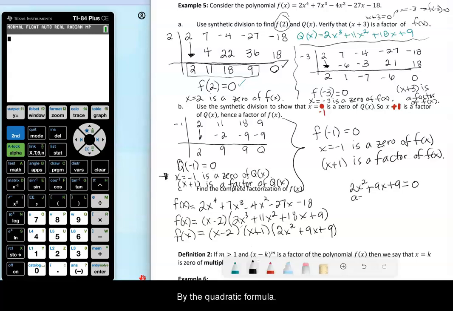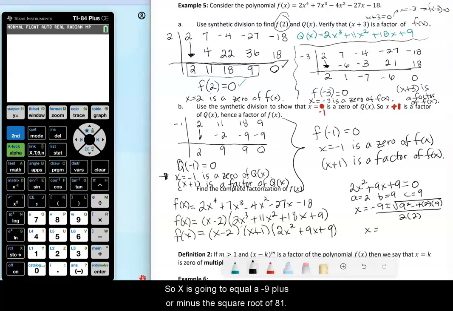Well, by the quadratic formula, we're going to have x is equal to the opposite of b plus or minus the square root of b squared minus 4 times a times c, divided by 2 times a.